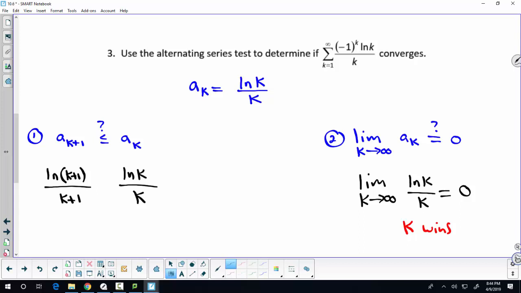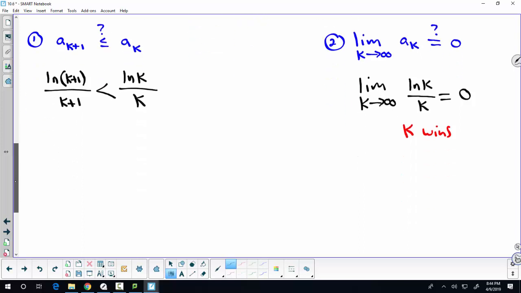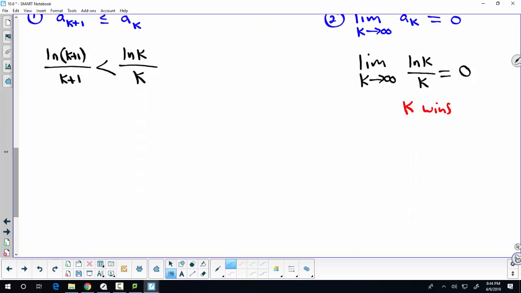The ln k over k is larger. So does that make sense? Maybe it seems intuitive, maybe it doesn't. What's the derivative? Isn't that false? Yeah, so we're not at full consensus here.